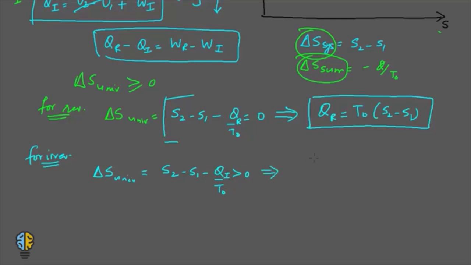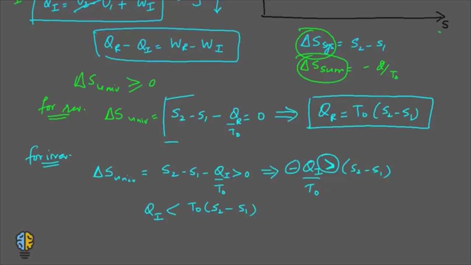So this gives us that QI upon T0 is greater than minus S2 minus S1. Now if you change the sign on the left hand side, the inequality sign would change and you would have QI less than T0 into S2 minus S1.